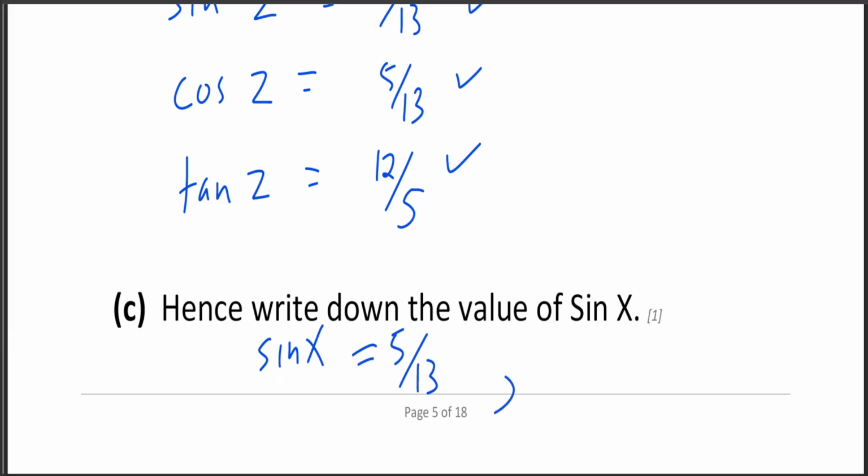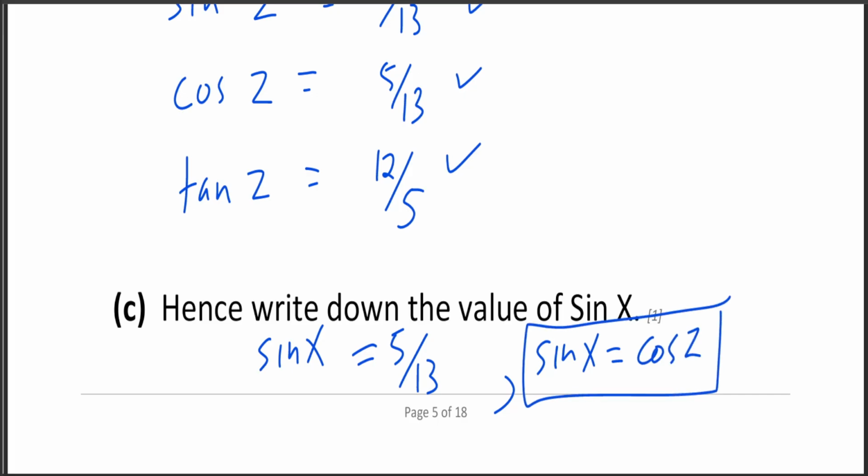In short, sin x is equal to cos Z. If you look carefully, whatever is opposite to x is adjacent to Z. So this is your cos and this is your sin.